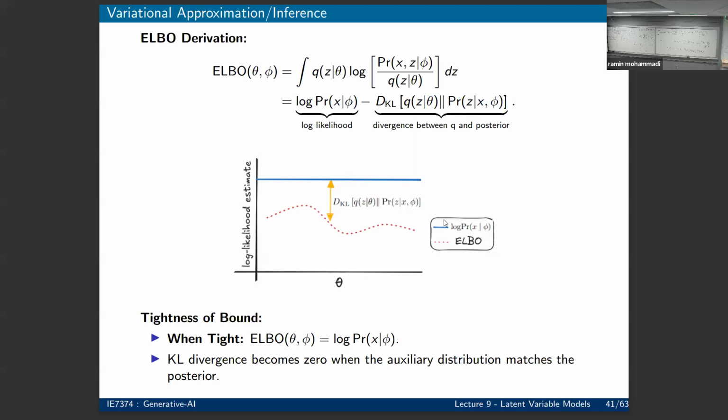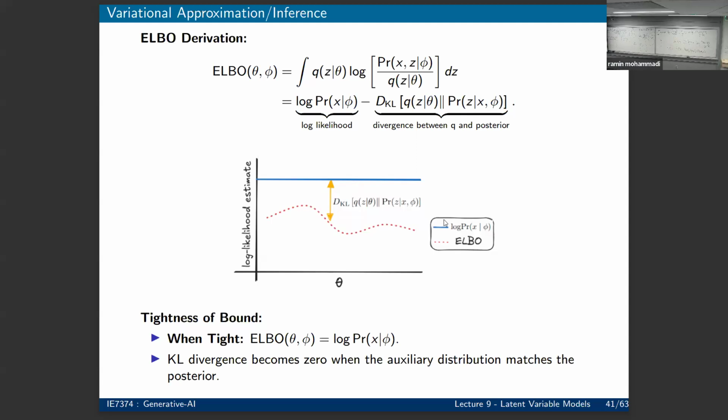That's the goal. You want to find this so that the KL becomes as small as possible. Is that clear? So that's the first definition of ELBO. And when we say tightness in the ELBO, it's tight if this KL goes to zero, because these two become the same term.